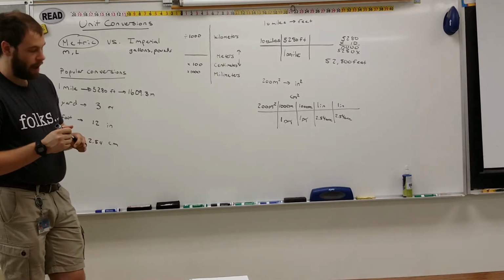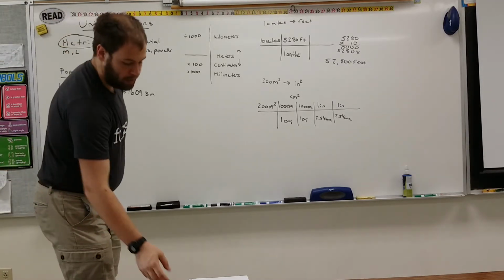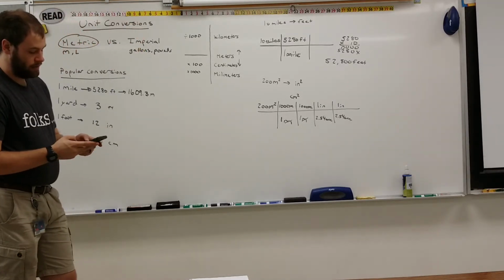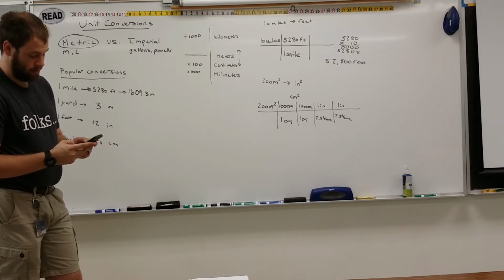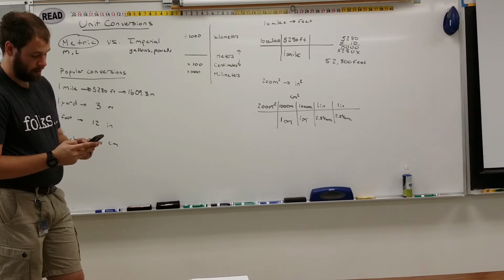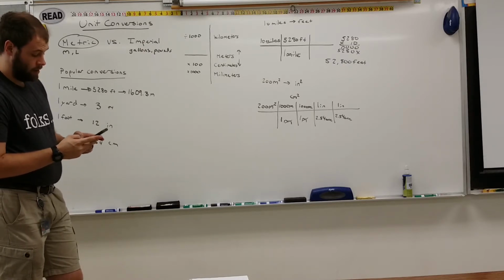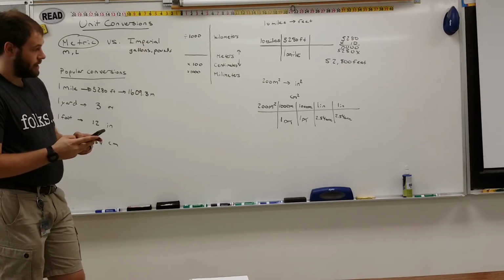So now to solve the problem, I would just have to do some multiplication, which I'll do right here on my calculator, because decimals make it a little bit harder to just do quickly on the board here. So let's do it real fast. We've got 200 times 100 times 100.